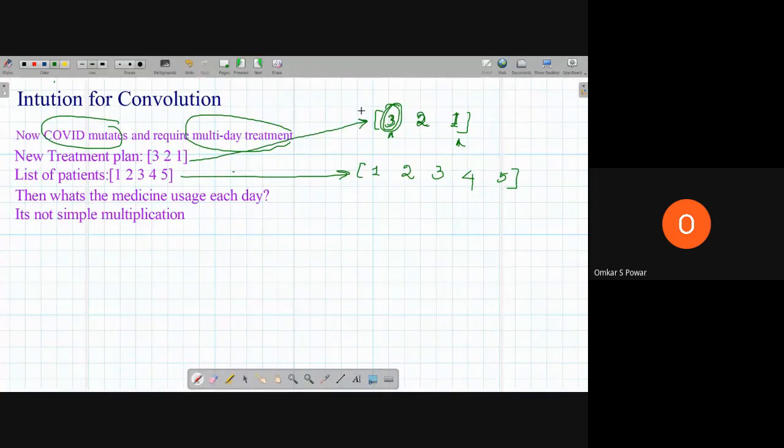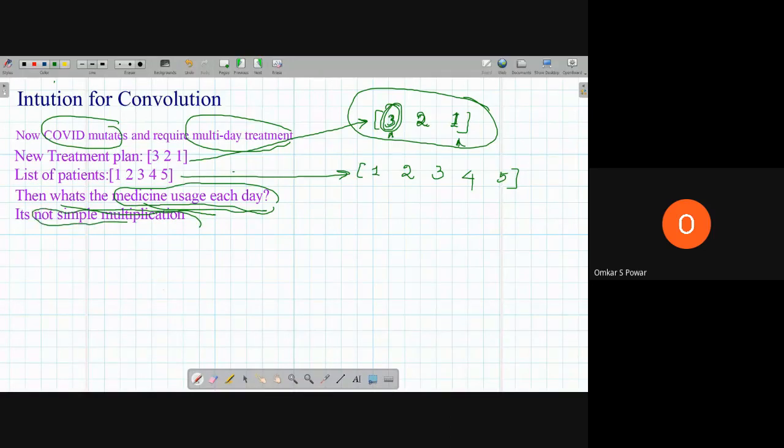Okay, now if I ask you, for this dosage plan, what is the medical usage or the dosage usage on each day, what will you do? No, it's not the simple multiplication as it was previously.